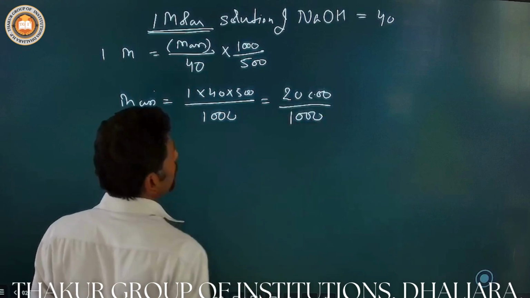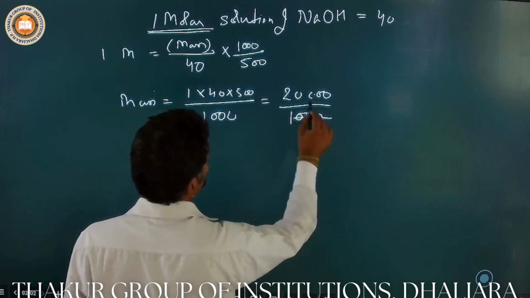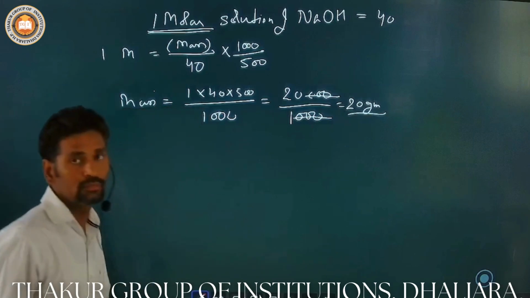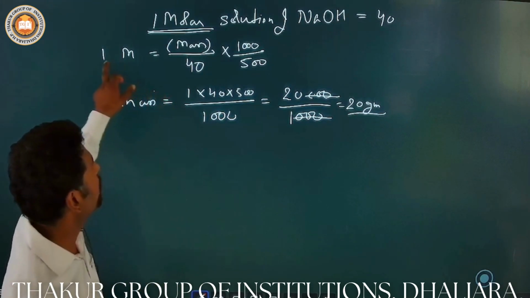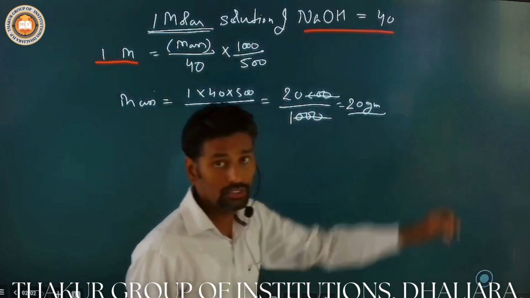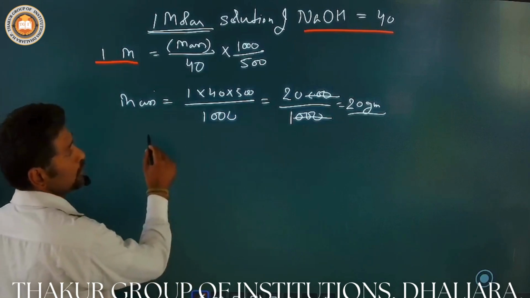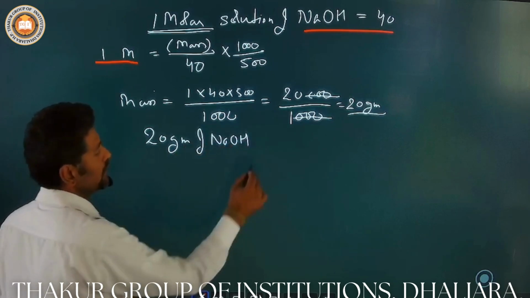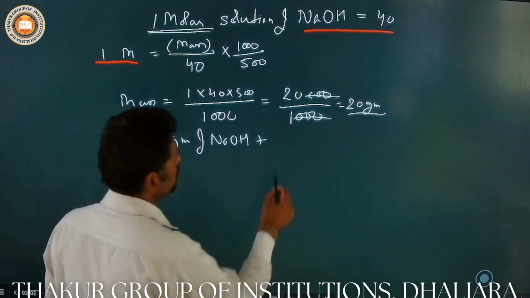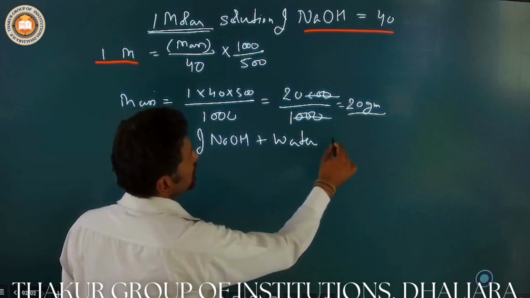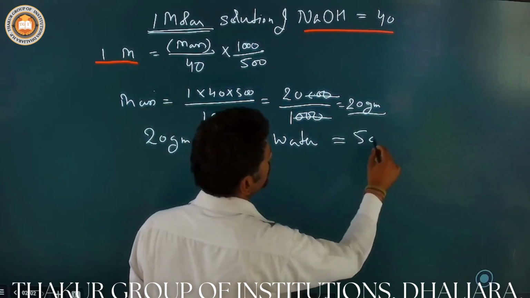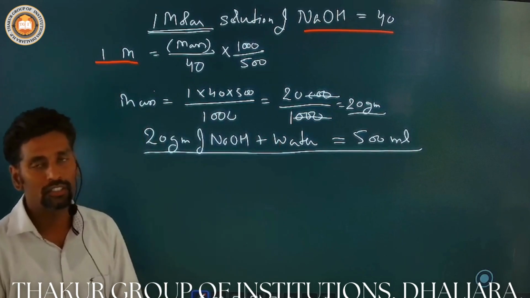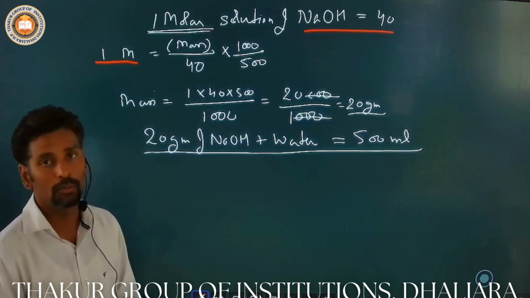This means the amount comes to be 20 grams. In order to prepare the 1 molar solution of NaOH, you have to take 20 grams of NaOH, then add water, making the total volume equal to 500 ml. By using this simple relation, you can prepare the 1 molar solution of NaOH.